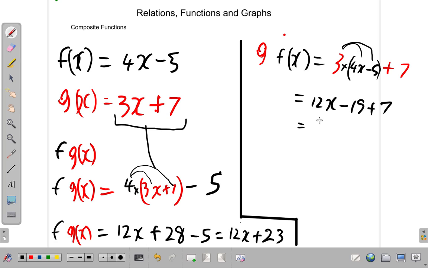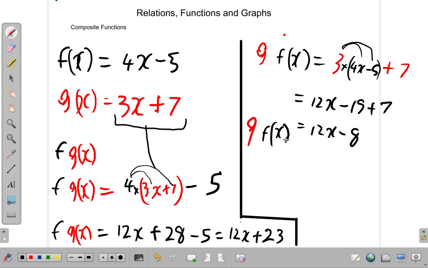And that is 12x, negative 15 plus 7 is going to be negative 8. So therefore g f of x is 12x minus 8.